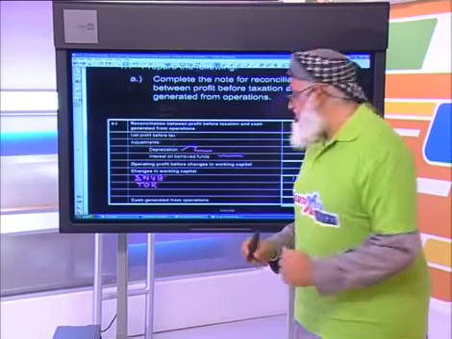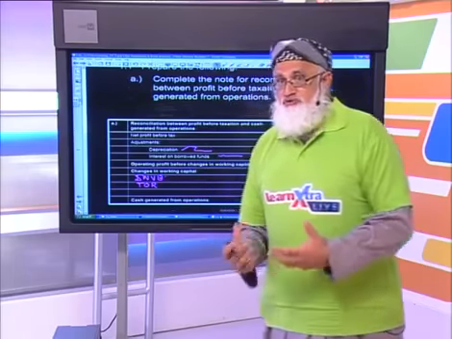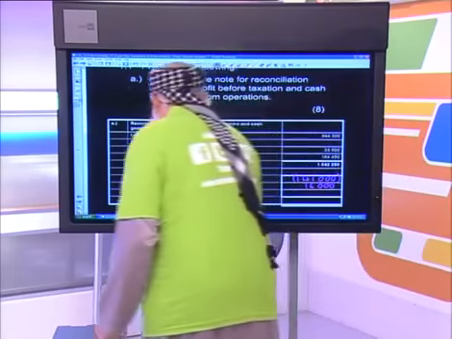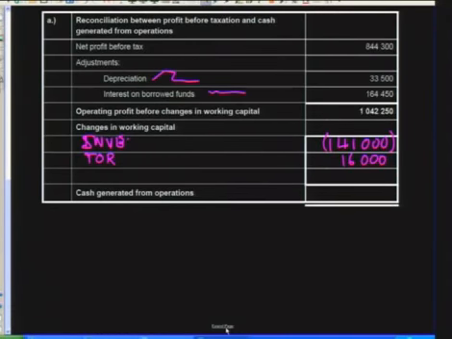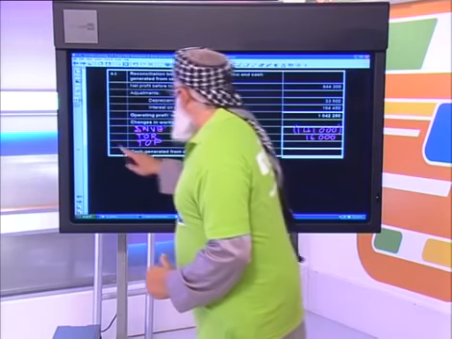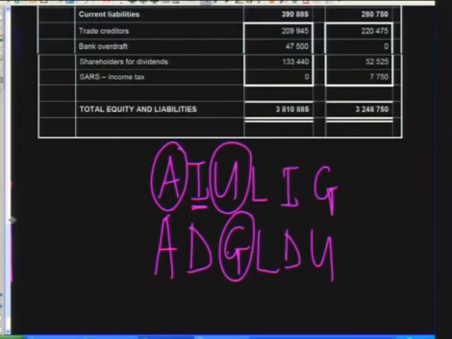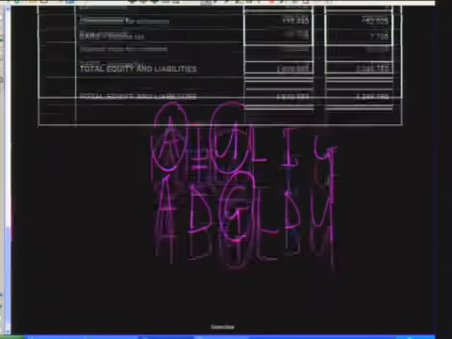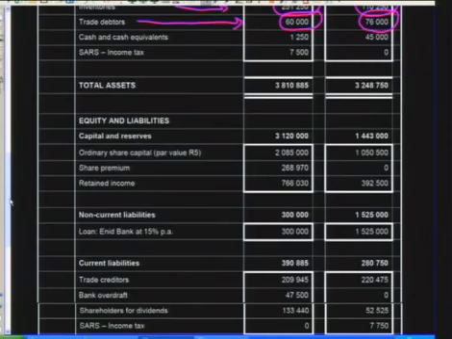The next item we look at is our trade and other payables. I'm sure you've done this question before.